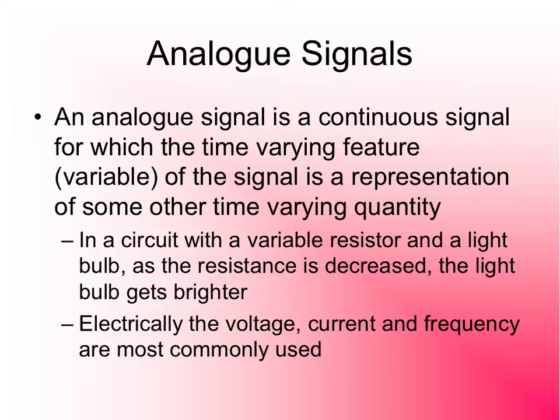An analog signal is continuous. Okay, it has basically an infinite number of differing possibilities in value. There's no set value for what it has to be. The time varying feature or variable, whether it's volume or frequency or any type of magnitude, is a representation of some other time varying quantity.